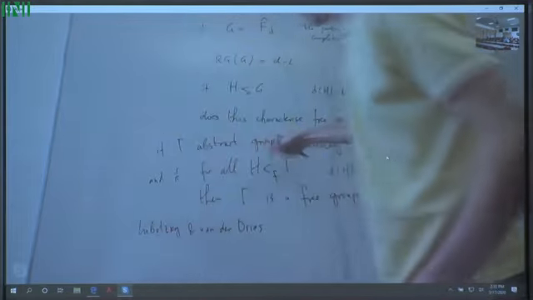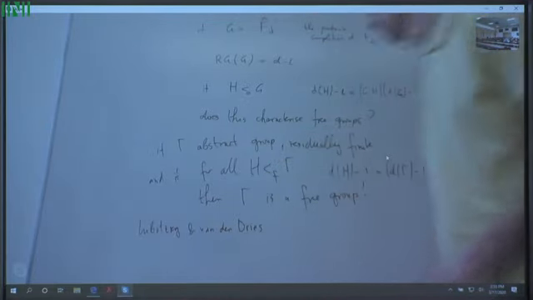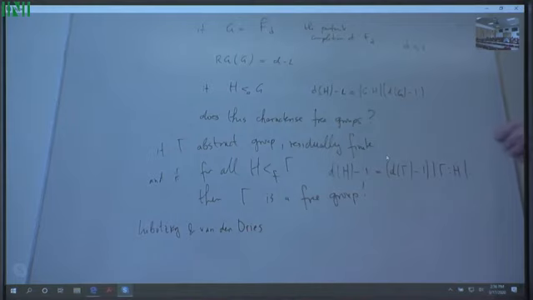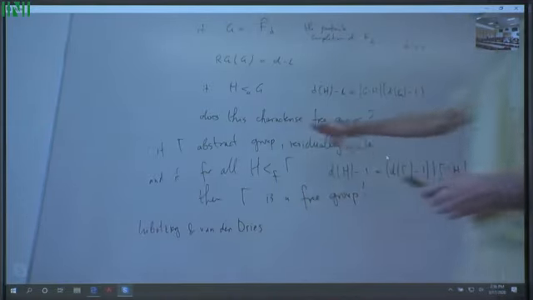So this fact was not known to them, and it was asked by them. And the reason they asked it is because they solved the corresponding problem for profinite groups.